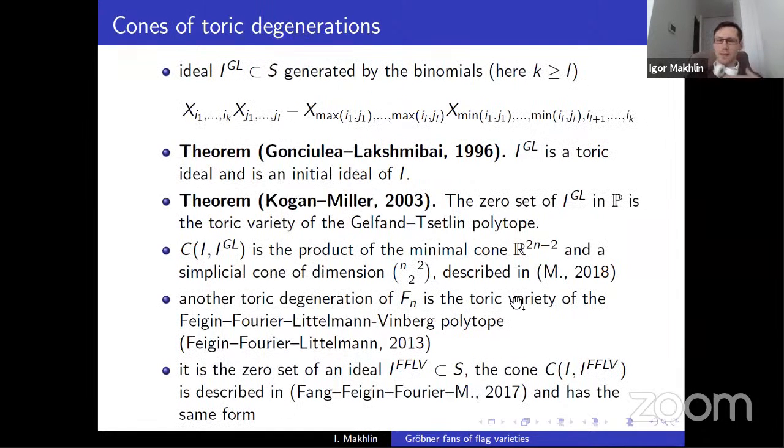And so yeah, it also provides a toric degeneration, and its ideal is an initial ideal of the Plücker ideal. And for certain reasons, we described this before, the Gelfand-Tsetlin ideal, in this paper with Xinfan and Zhenya and Ghislain Fourier, where we characterize, among other things, this cone in the Gröbner fan which corresponds to this toric ideal.